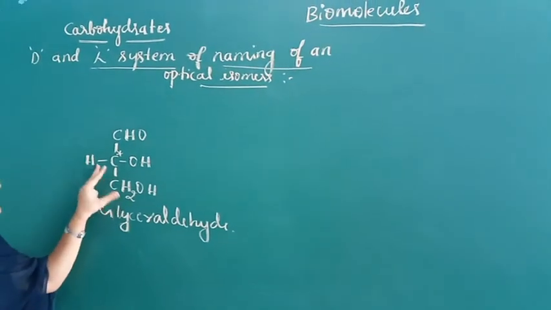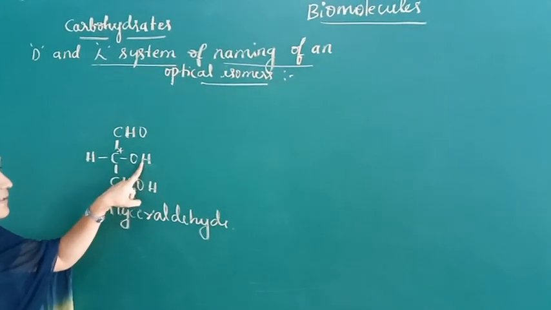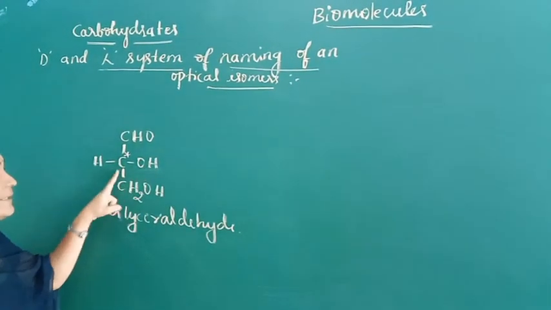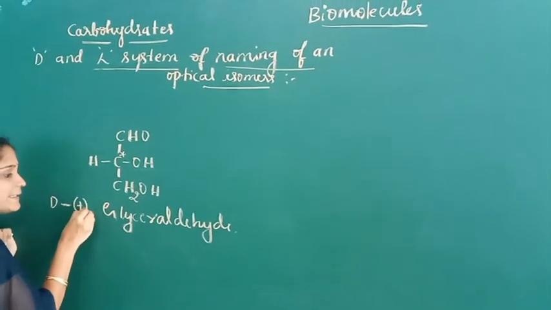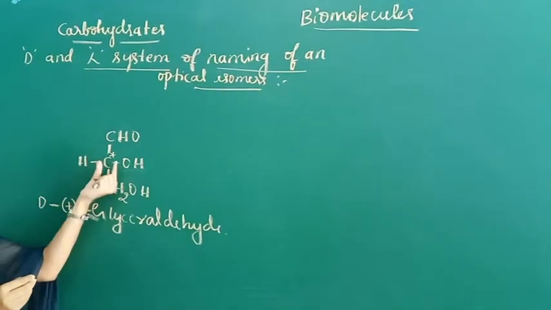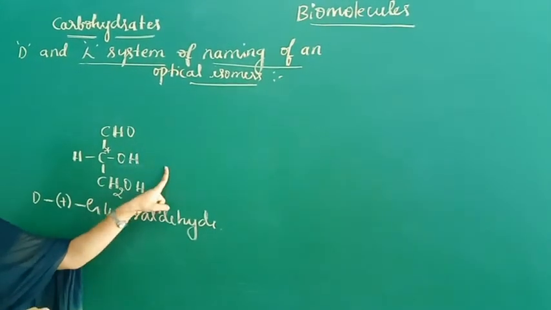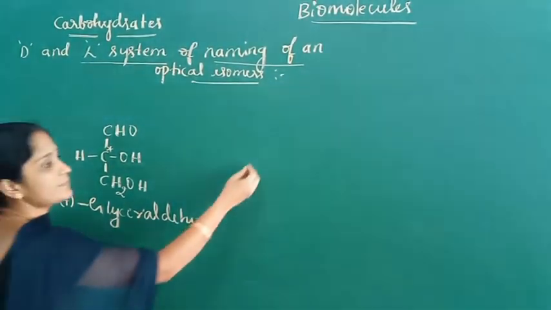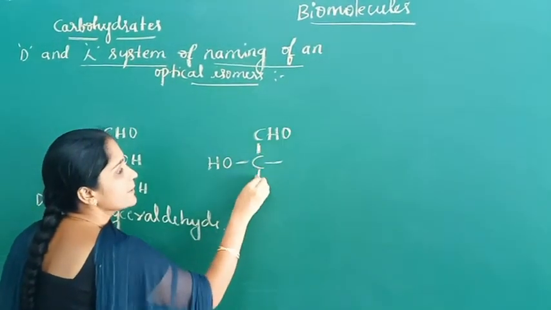In glyceraldehyde, on the asymmetric carbon atom, if the OH group, which is the substituent group, is present on the right hand side, then this form is called D or R plus glyceraldehyde. If OH is present on the right hand side of the asymmetric carbon, we call it D-(+)-glyceraldehyde.